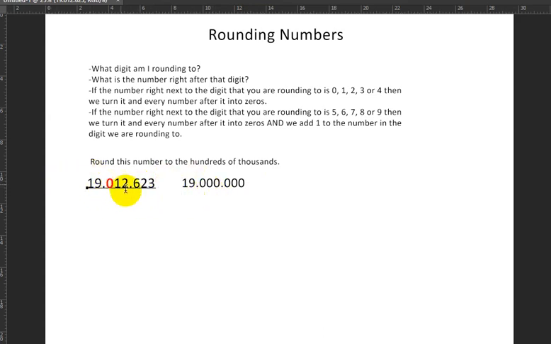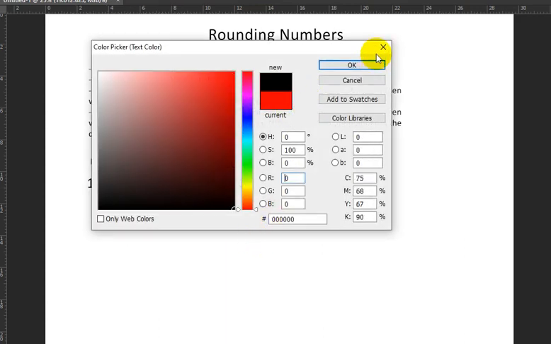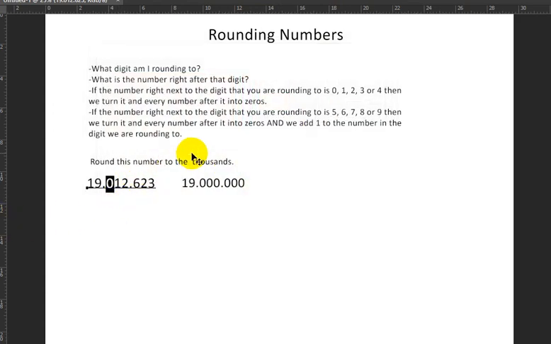Now, if someone had told me, round this number to the thousands instead of hundreds of thousands, what I would have done is, I'm not rounding here anymore, so I'm turning it black again. I'm rounding to the thousands, okay? So I would have looked here.